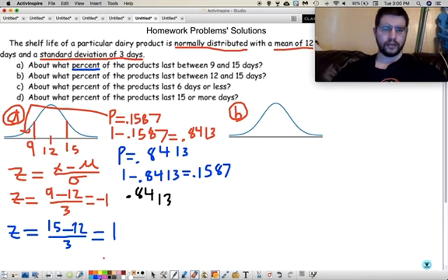The 0.8413 is everything to the right of this z-score. The 0.1587 is everything to the right of this z-score. So if we subtract them, that'll give us what's between those two z-scores.